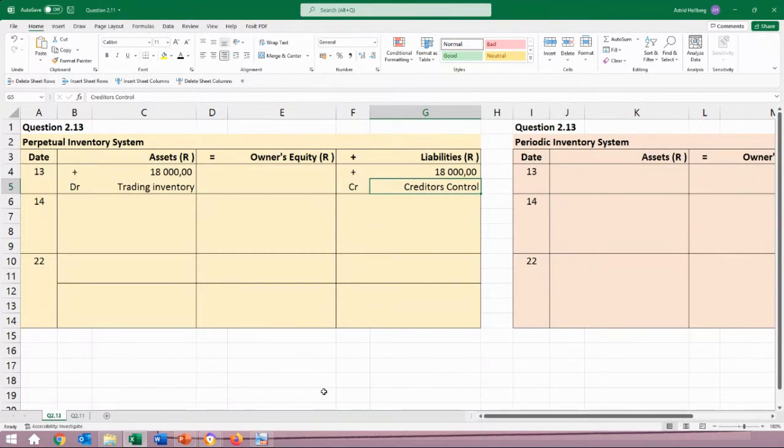What is the main change? You guys know. So the first one we did a purchase in terms of the perpetual inventory system. So we took it to trading inventory. Where did I say we take it when we do a periodic inventory system?